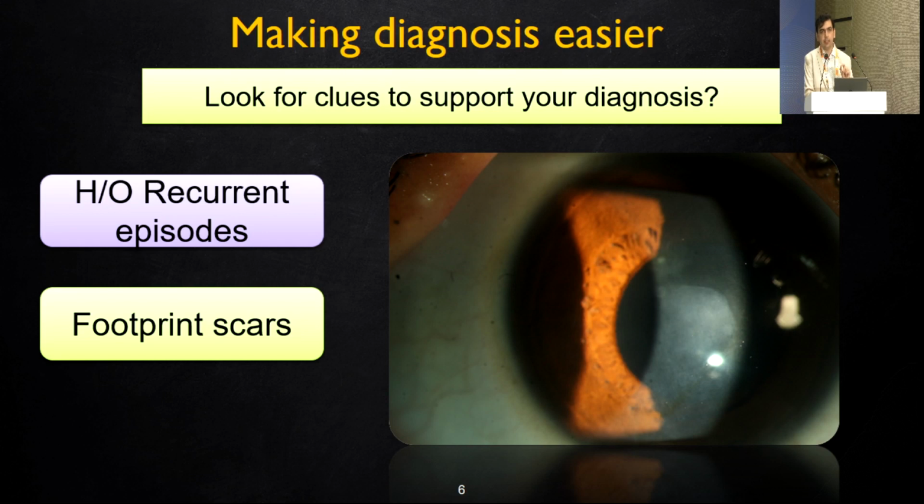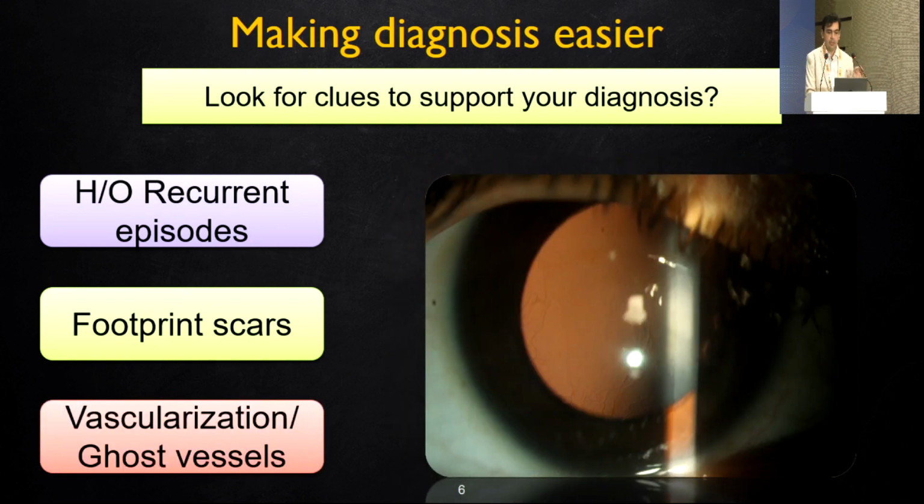They sometimes may be very faint scars, but they'll tell you that this patient has had some episode of keratitis previously, probably HSV. And look for any ghost vessels or vascularization within the stroma. The best way to look for them is in retroillumination on the slit lamp with a completely dilated pupil. That way you will not miss the ghost vessels.